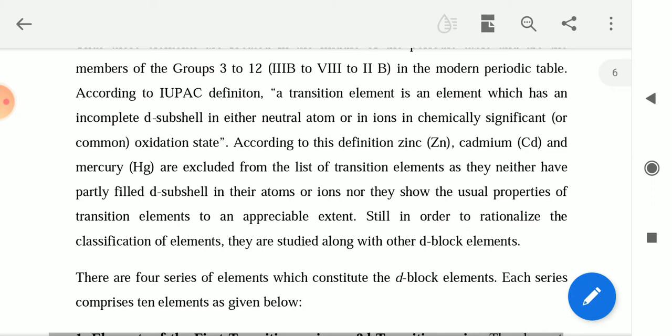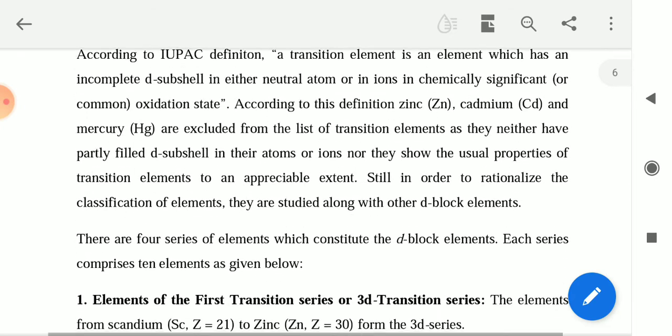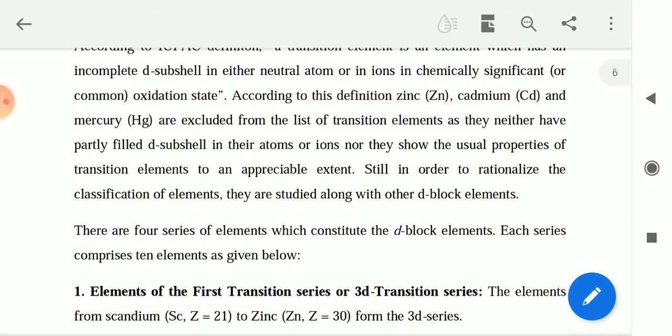According to this definition, zinc, cadmium, and mercury are excluded from the list of transition elements, as they neither have partially filled d orbitals in their atoms or ions, nor do they show the usual properties of the transition elements to an appreciable extent. Still, for the purpose of classification of the elements, they are studied along with the d block elements.